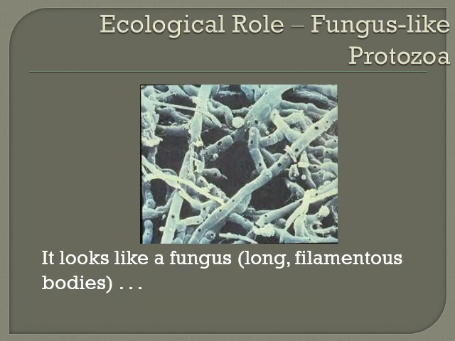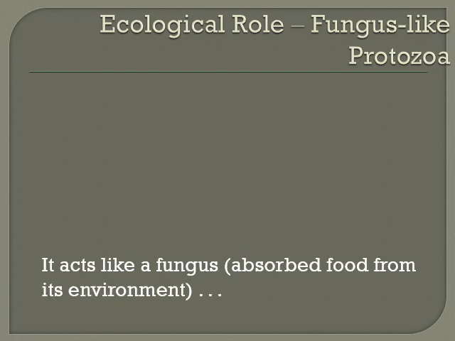And then our final group of protists are the fungus-like protists. They are called such because they look like fungus. They have these long filamentous bodies. They act like a fungus. They directly absorb food from the environment. They don't have phagocytosis or anything like that.